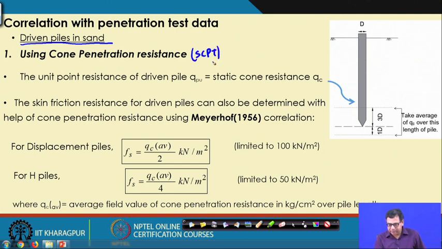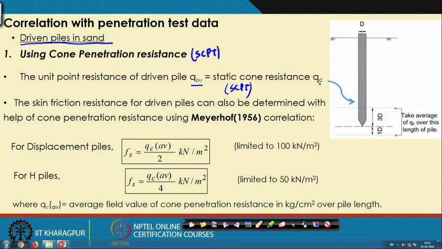For the pile tip resistance, I can determine QPU, which is equal to the SCPT cone resistance QC, for a driven pile in sand.